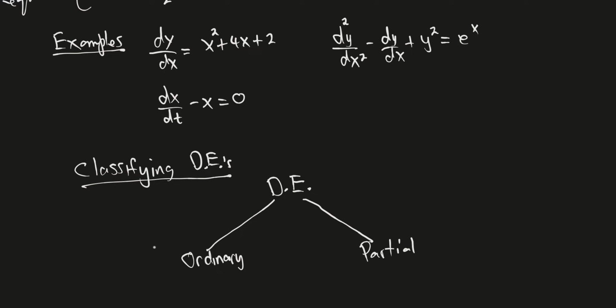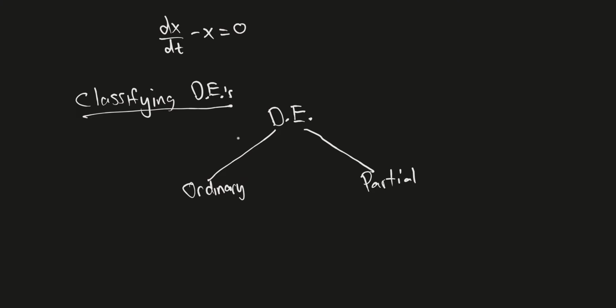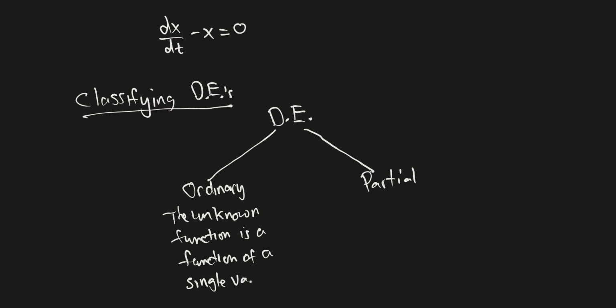In an ordinary differential equation, the goal is to find a function of one variable, right? So in an ordinary differential equation, the unknown function is a function of a single variable, right?